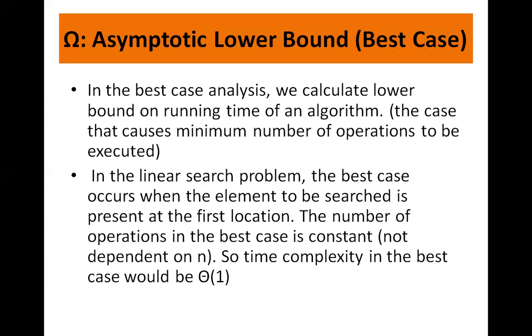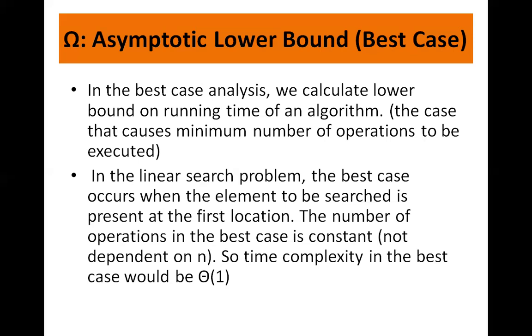We are considering the minimum number of operations to be executed. So again, the same example of linear search. In the linear search problem, the best case occurs when the element to be searched is present at the first location, right? The number of operations in the best case is constant, that is, it does not depend on the size of your input n. So the time complexity in the best case would be big theta of 1, that is constant.